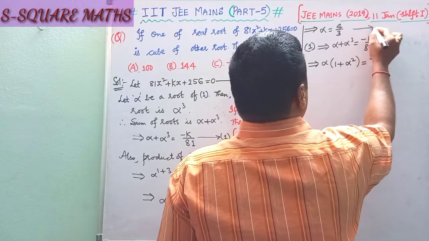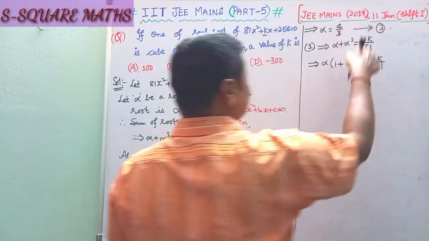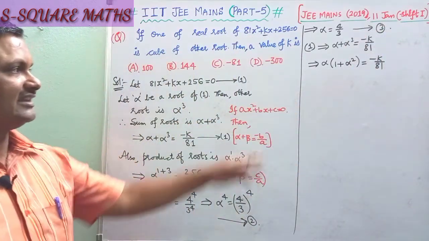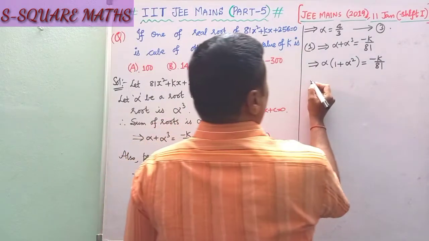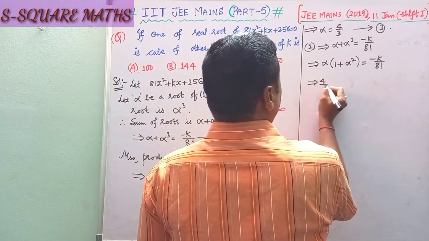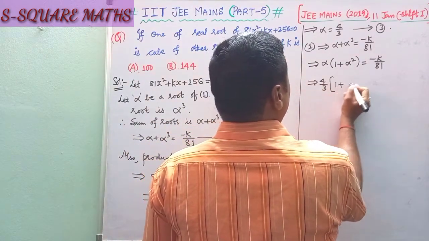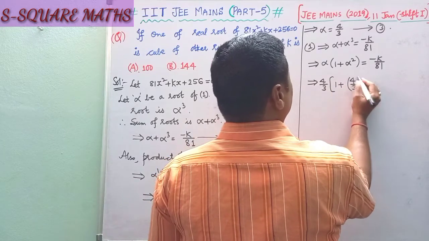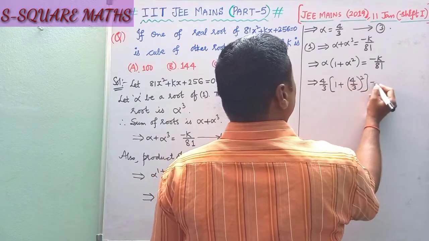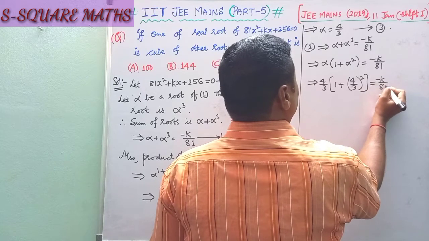Mark this as equation number 3. Using alpha as 4 by 3 in this third equation, we get 4 by 3 into 1 plus 4 by 3 whole square is equal to minus k by 81.